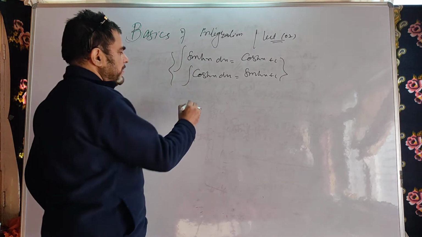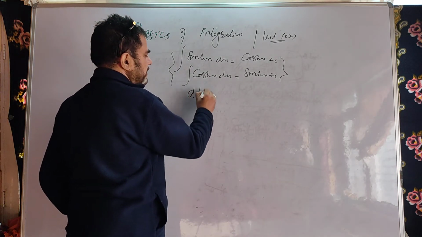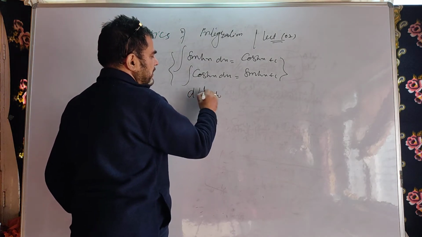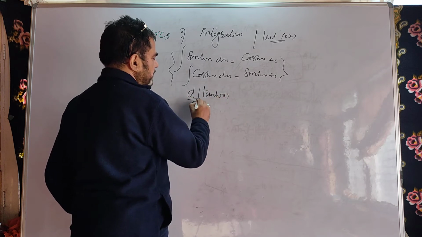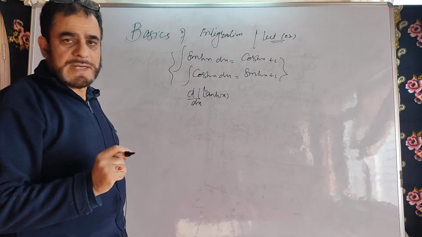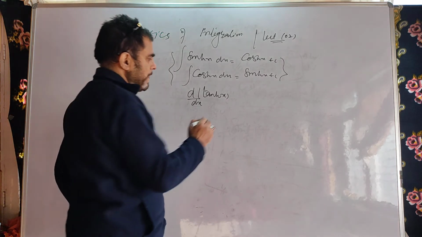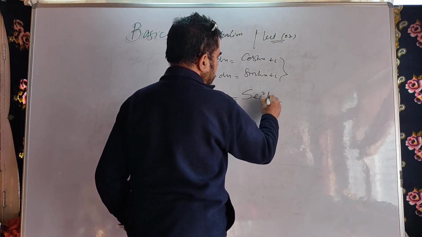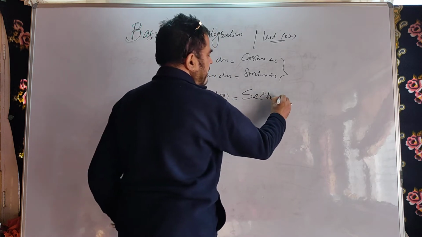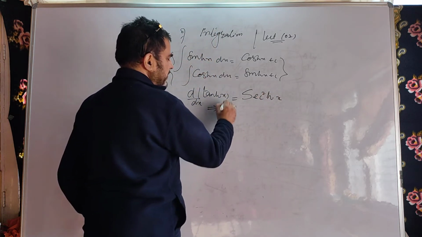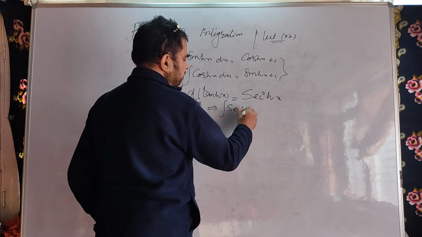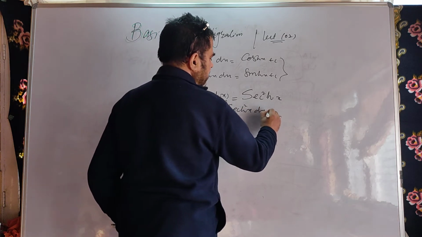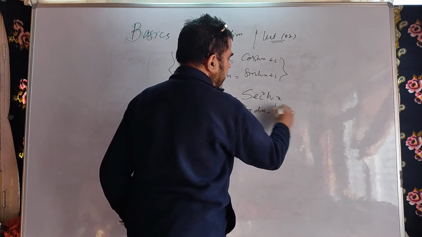In fact, if you differentiate tan x, its differential is secant square x. So you can write integral of secant square x dx is tan x.